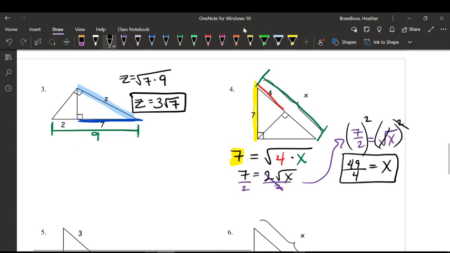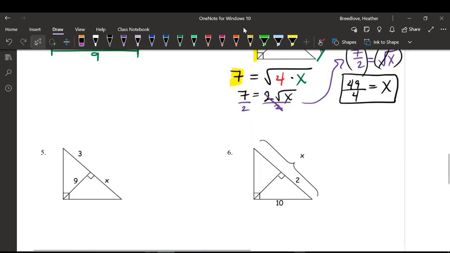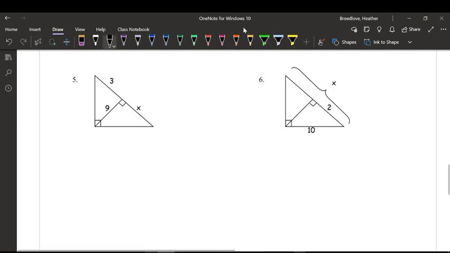All right. A couple more examples. All right, number 5 is the altitude of the large triangle, the one that goes through the middle. So we're going to use the 2 pieces it touches, the 3 and the x.